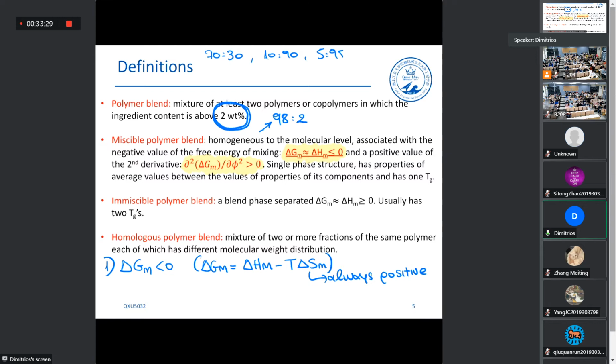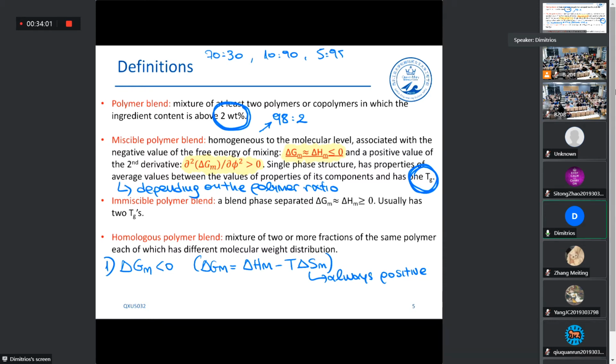We have properties usually averaged between the values of the two polymers, but also depending highly on the ratio. And also we have 1 Tg. Okay, we saw that very briefly, and we will see it again, some examples.